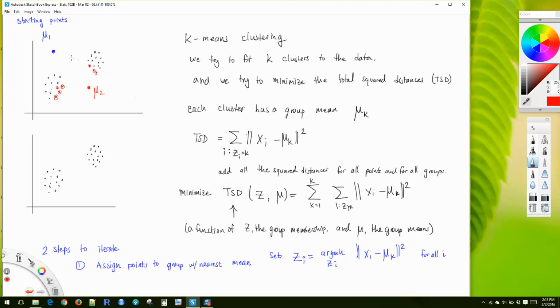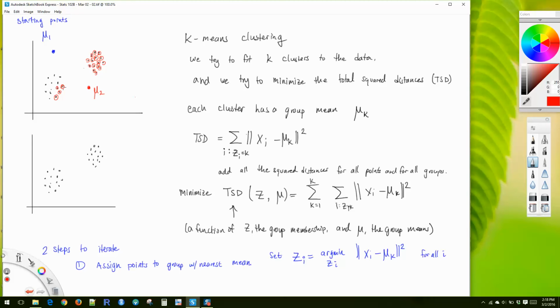But I think these are all closer to the red point than they are to the blue point. I'm just kind of eyeballing this. In this one, which one is this data point closer to, the red or the blue? What do you think? I'm going to say red. And this one, I'm also going to say red.